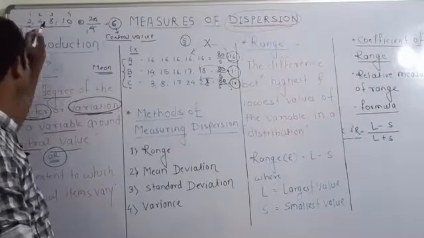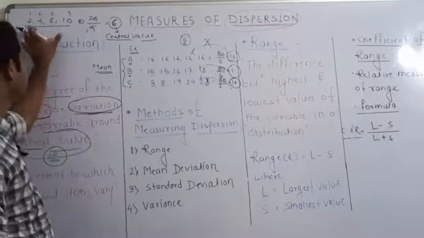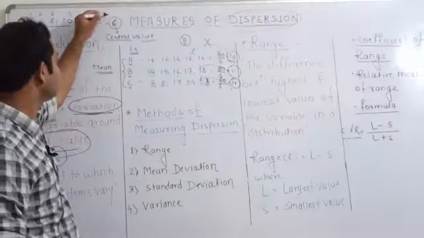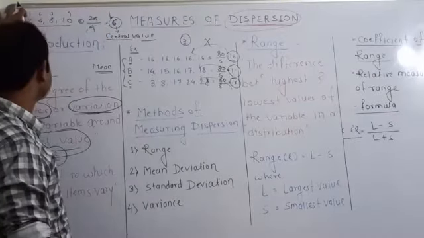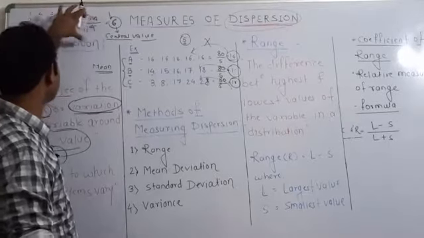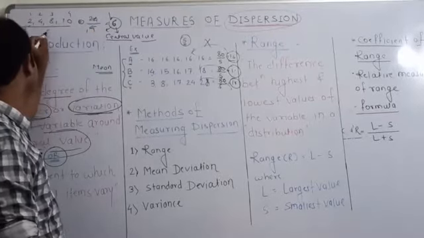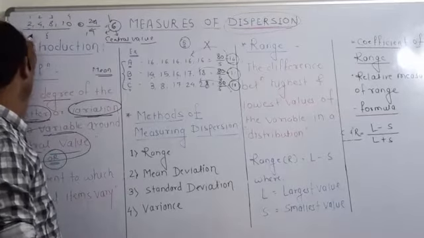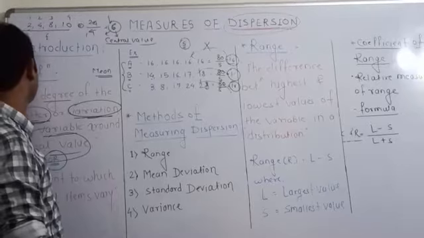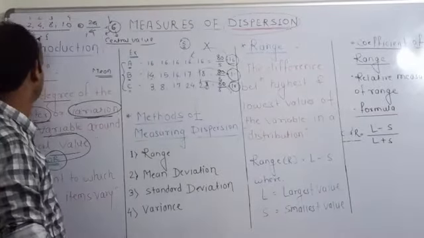These are variables: this is the first, this is second, third, fourth. So the degree of scatter of these 4 variables around a central value. Here the central value is 6. So how do these variables differ or scatter from this 6?